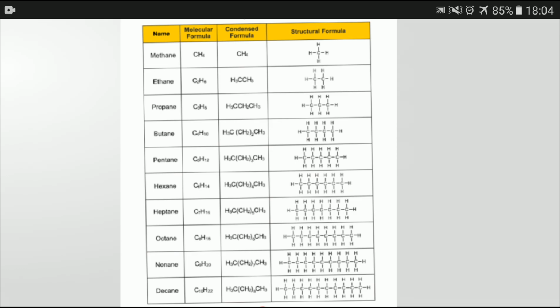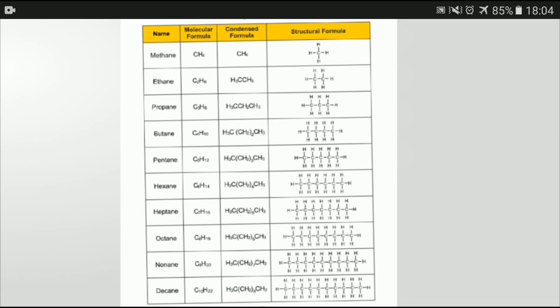These names show the presence of carbon atoms. In methane, there is only 1 carbon atom. In ethane, there are 2 carbon atoms. Carbon can make 4 single covalent bonds. So in methane, 4 hydrogen atoms are attached with 1 carbon atom.